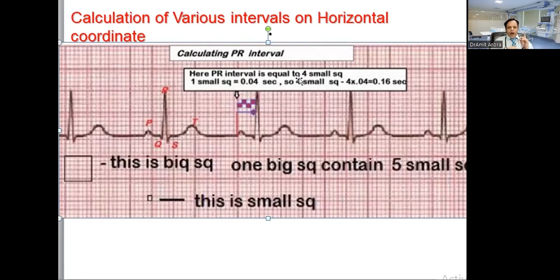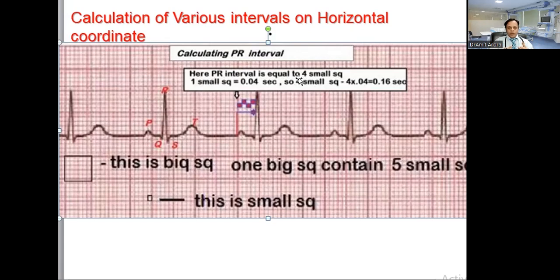We know that one small square is equal to 0.04 seconds. Here we have 4, so 4 multiplied by 0.04 comes out to be 0.16 seconds. So it's very easy now. But when you calculate yourself, many times you will get problems.